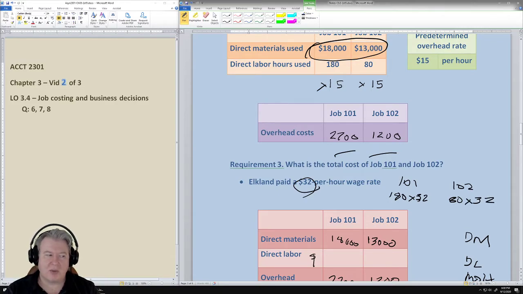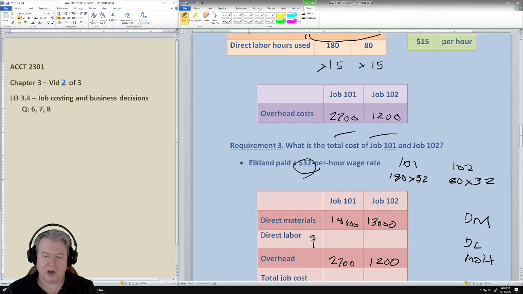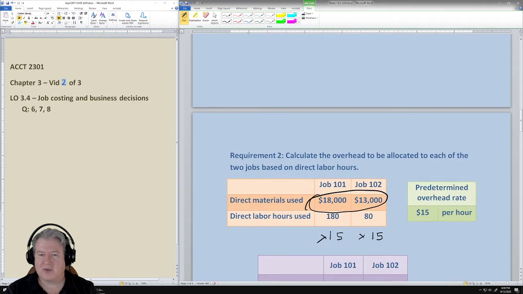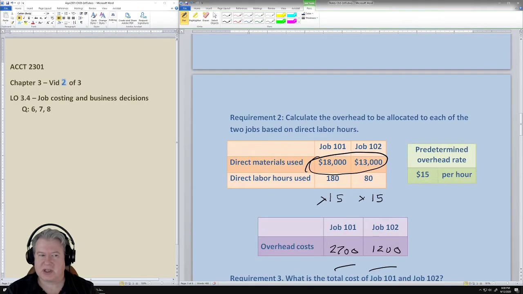We get those two numbers, 5,760 and 2,560, and when we add everything up, our total costs for each job are going to be $26,460 and $16,760. Okay, and that is how you'll get something very similar for question number 7.